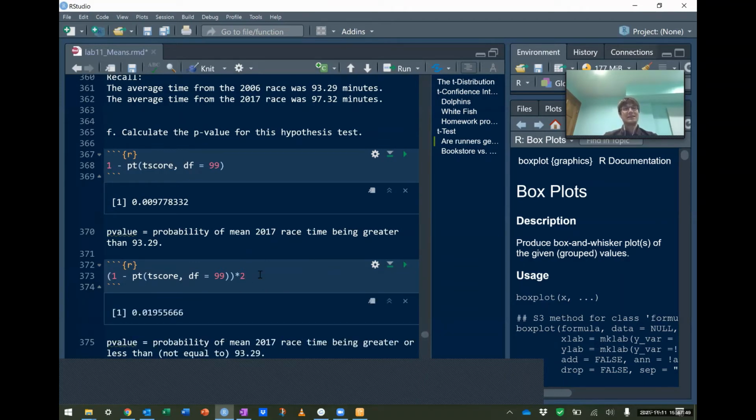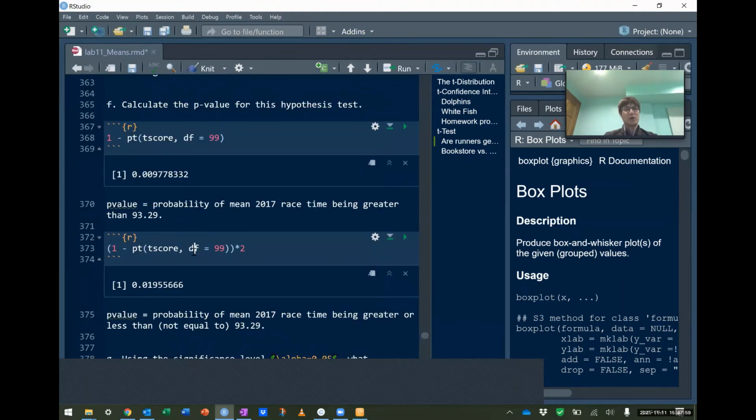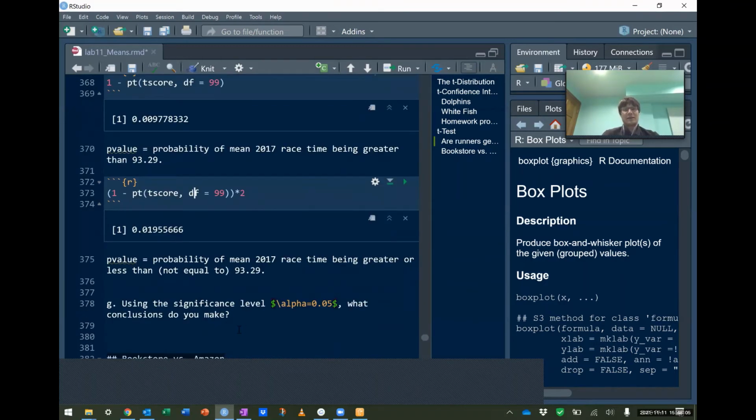So that's the two-sided probability. You can use each of these for evaluating our hypothesis, as long as you use the proper hypothesis. But this is the p-value we'll use for saying the race times are different. We don't care if they're bigger or less, but they are definitely different. So we would say, since p is less than 0.05, we reject the null, which says that they're the same.